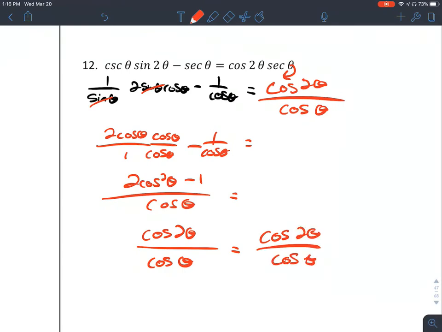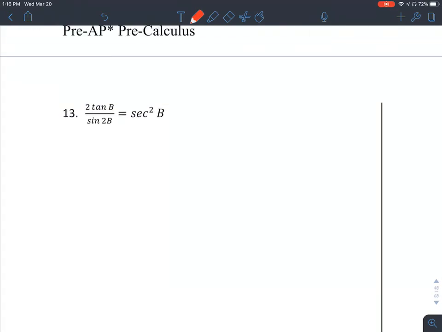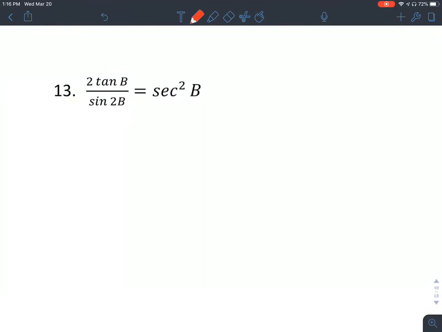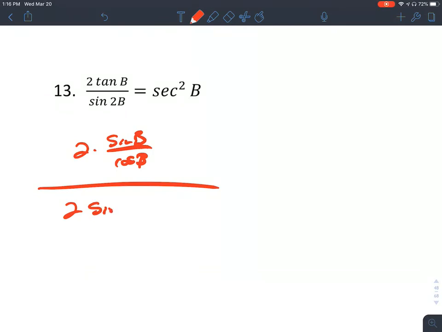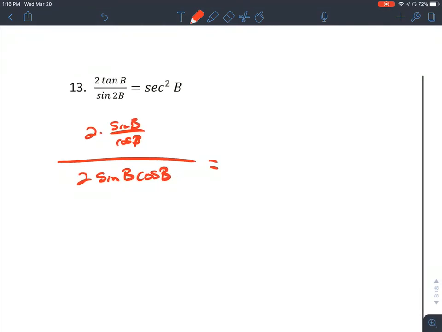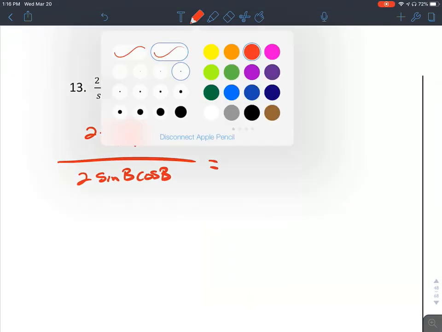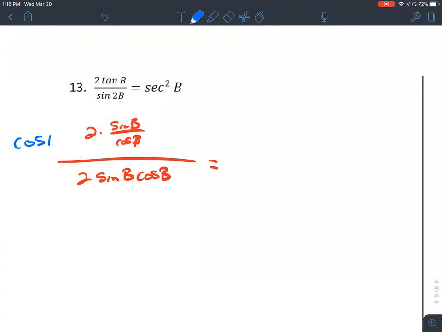All right, 13, the last one. Left side's definitely more complicated. 2 times tangent of b is going to be 2 times sine of b over cosine of b. The denominator, this is the double angle identity for sine, 2 sine of b cosine of b. To make this not complex, I'm going to multiply by 1 in the form of cosine of b over cosine of b.